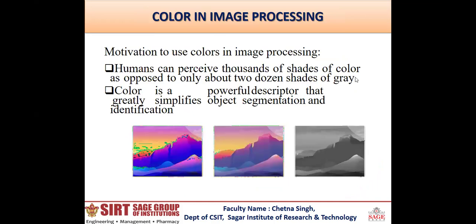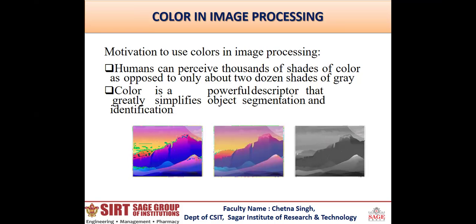Motivation to use color models in image processing. The main reasons to use color models in image processing are that humans can perceive thousands of shades of colors, as opposed to only about two dozen shades of gray. Color is a powerful descriptor that greatly simplifies object identification and segmentation.